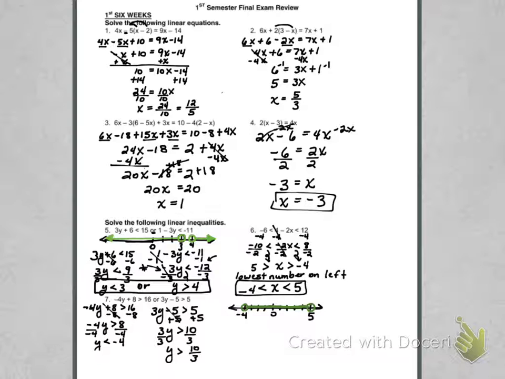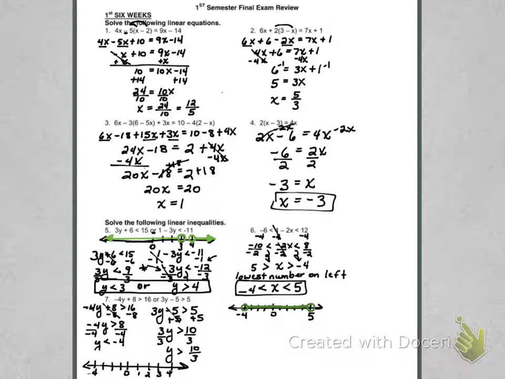Okay, putting it on a number line, 10/3 is 3 1/3. So we'll go up here to 1, 2, 3, 4, and go down 1, 2, 3, 4. That'll be negative 4 down there.